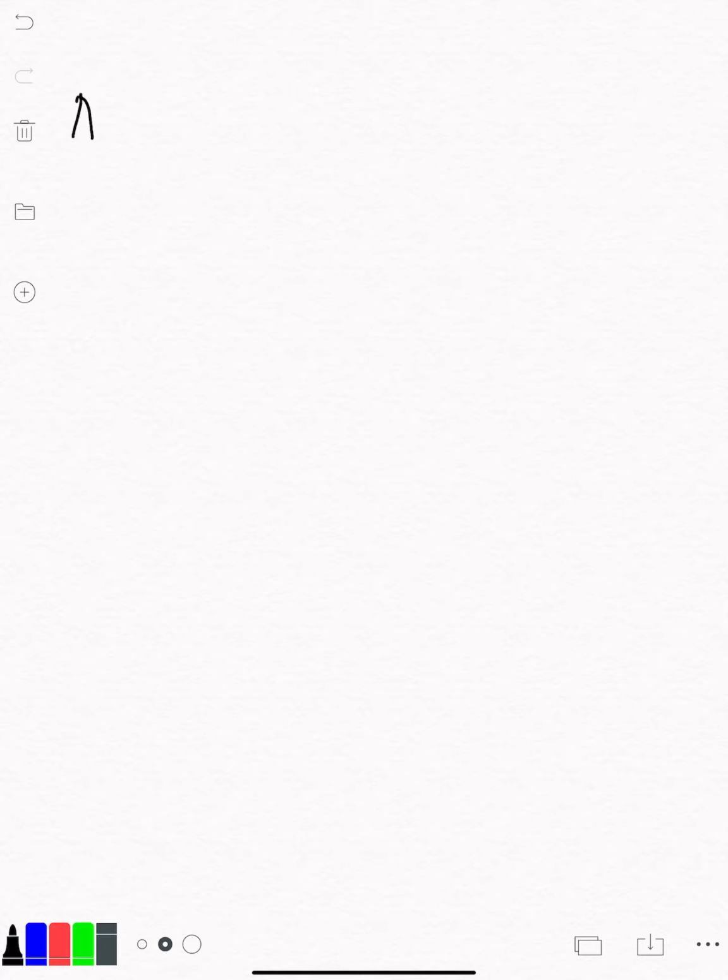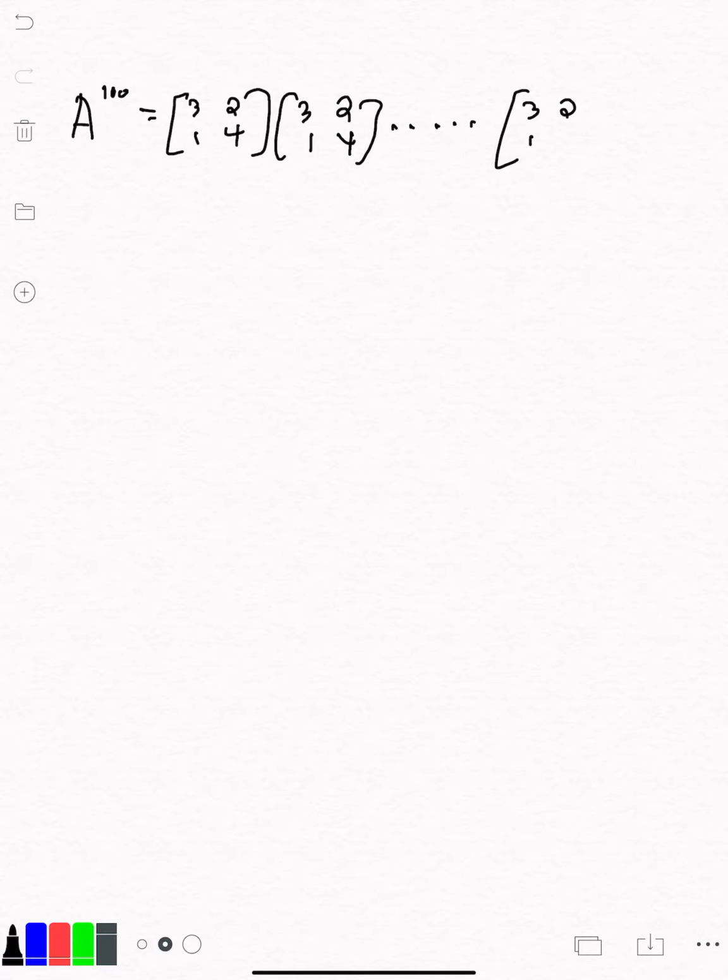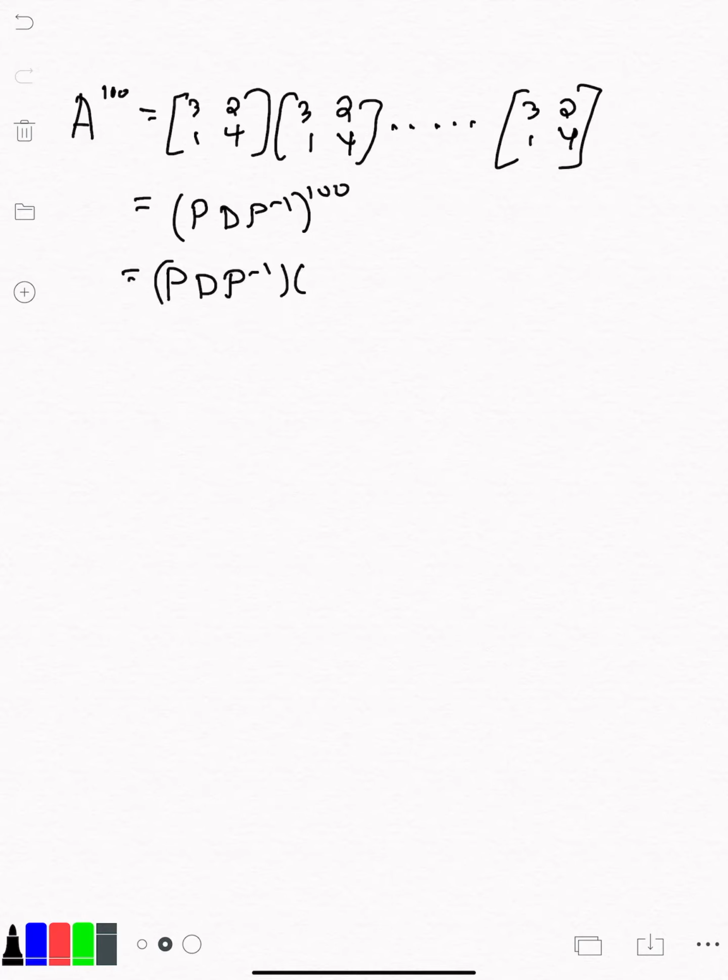Let's suppose you wanted to take a matrix A and raise it to, I don't know, the 100th power. Well, that would mean you would write this matrix down 100 times and do the multiplication 100 times, and that would take absolutely forever. But if you instead rewrite the matrix A as PDP inverse, then I would write down PDP inverse 100 times, which doesn't really look any better at first.